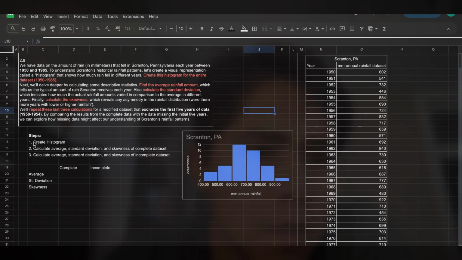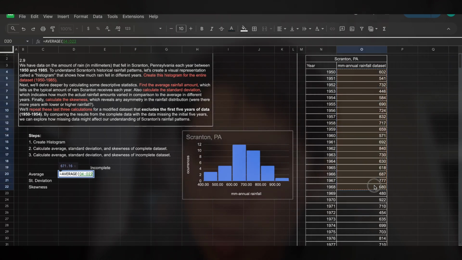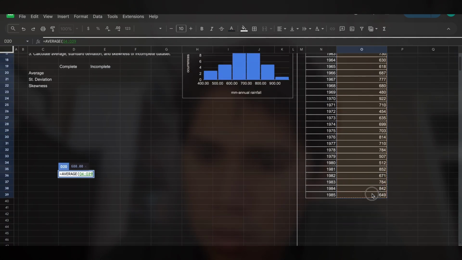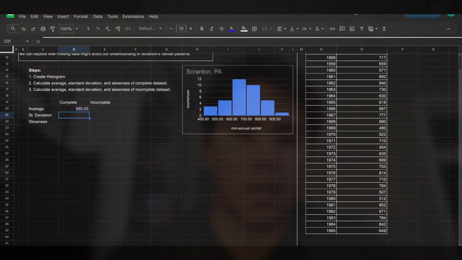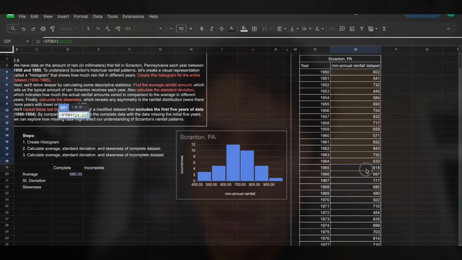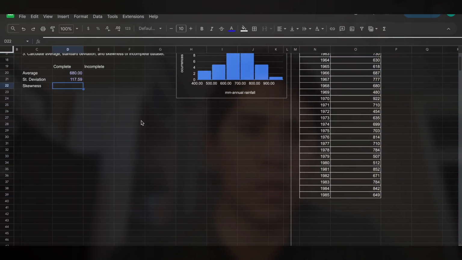Now that we're done with the first part, let's calculate the average for the complete data set. So let's do the average of the complete data set, all the way down. Standard deviation, again, and skewness.